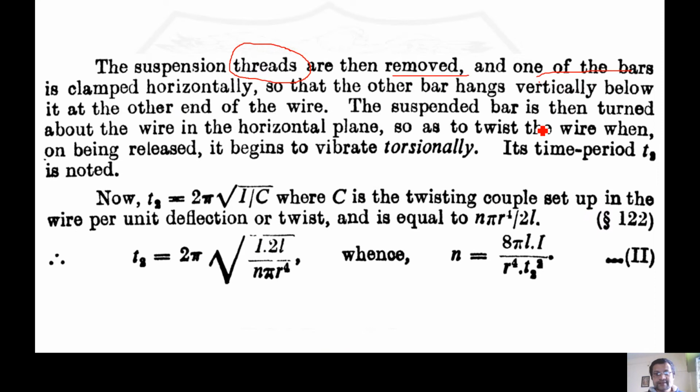Basically you are applying those forces exactly tangentially at the two ends, so torsional oscillations are produced, and therefore its time period, suppose we call it T2, is related to the twisting couple: 2 pi root of I by C. This twisting couple set up in the wire per unit deflection of the twist is equal to eta pi r to the power 4 over 2 L.